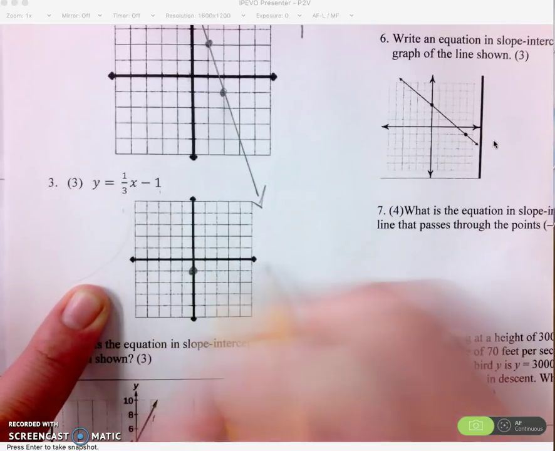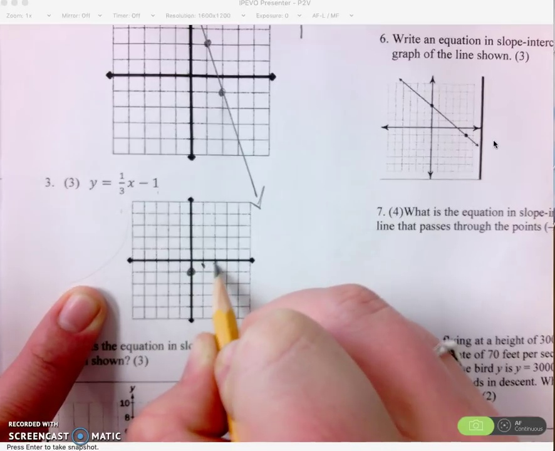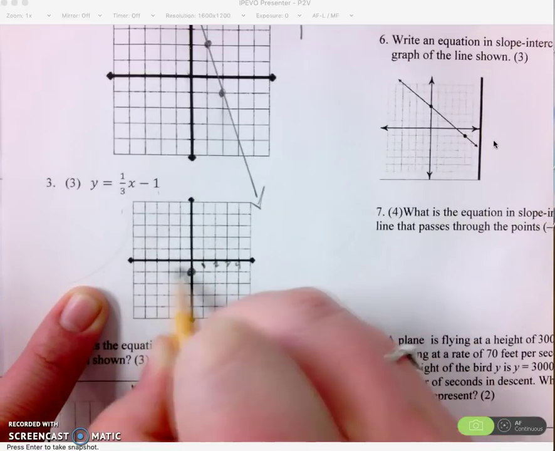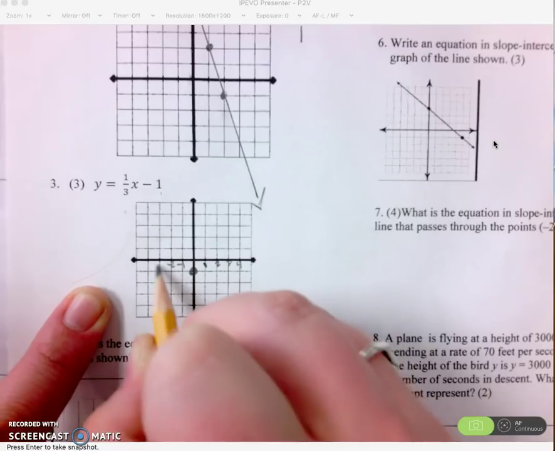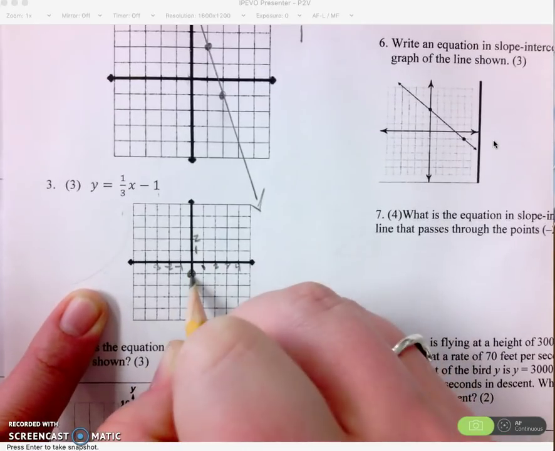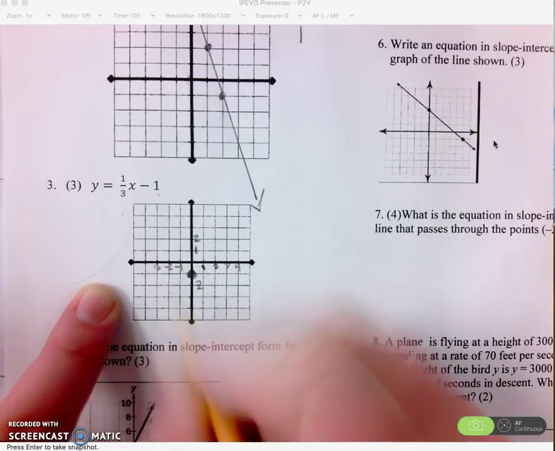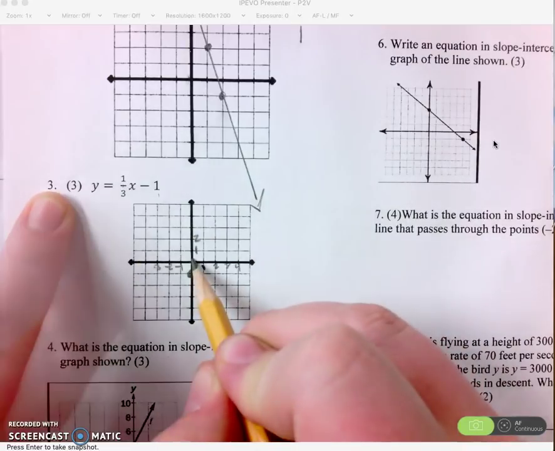These are not going to be labeled, so you have to label them yourself. So 1, 2, 3, 4, -1, -2, -3. So here's my -1, and I'm going to go up 1.